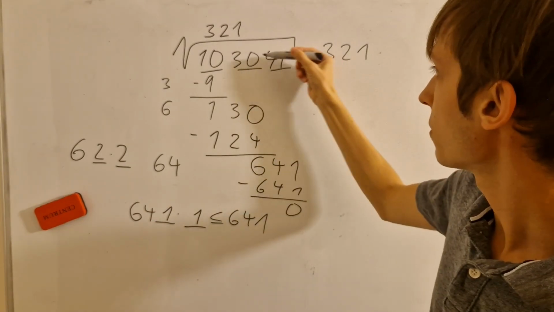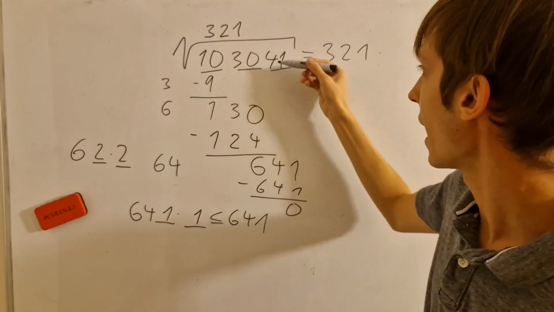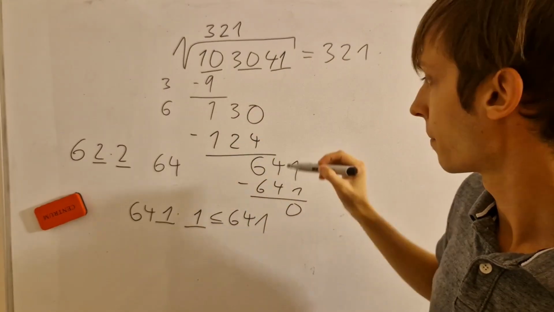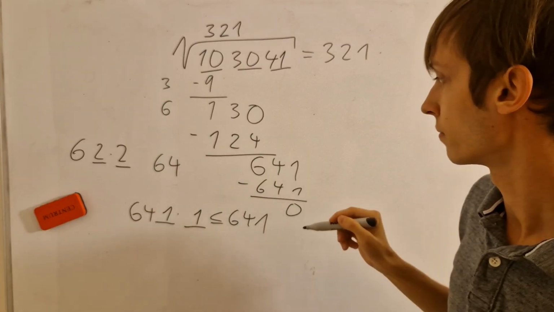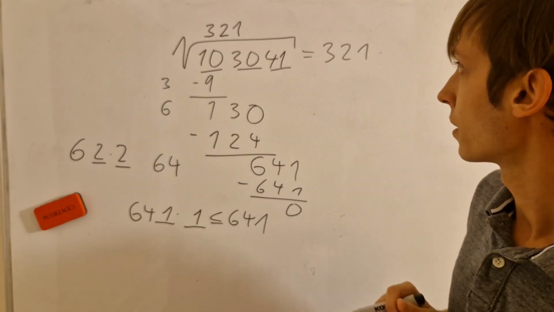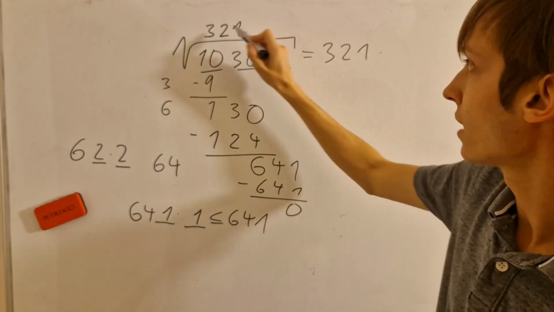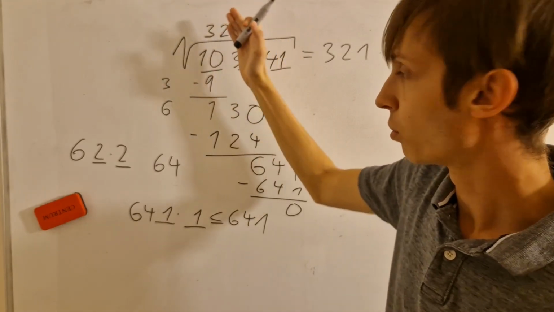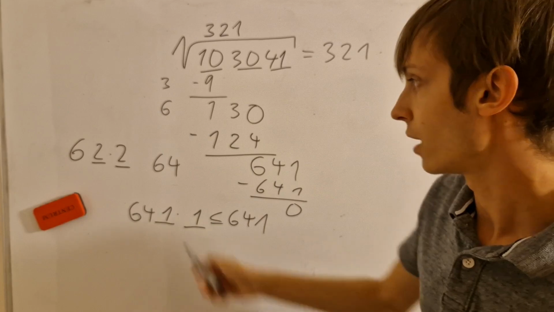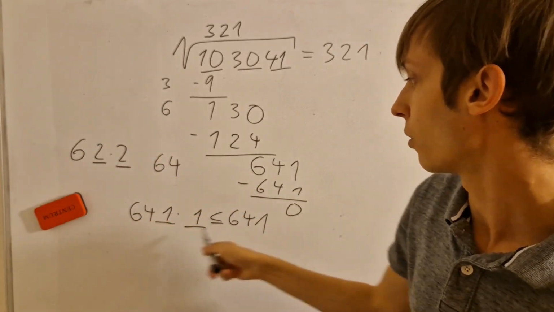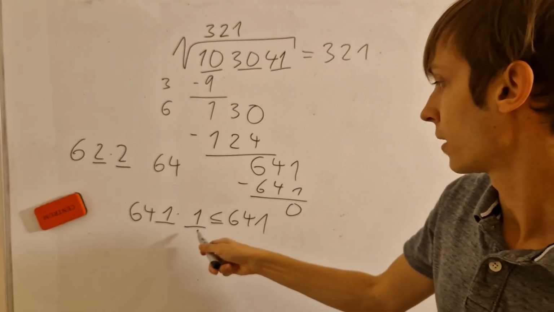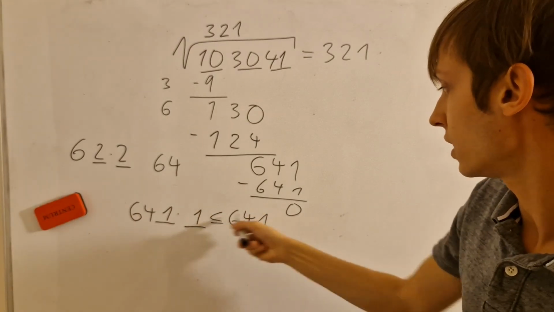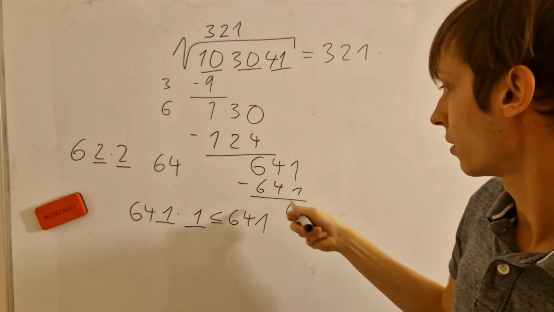And we go up here to the argument of the root and add that yet another pair, 41. Then we take that whole 32 that we had so far, multiply by 2, and do the same thing with 64 now. And we find that 1 will fit exactly as equal to 641 we had here.